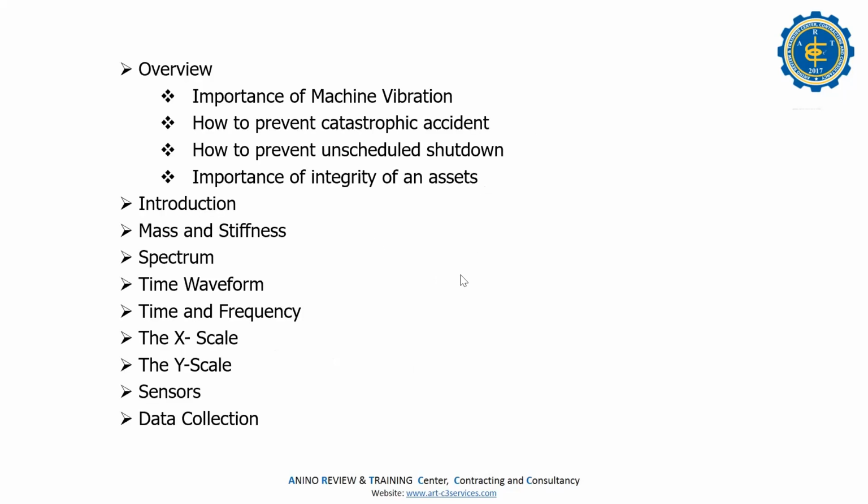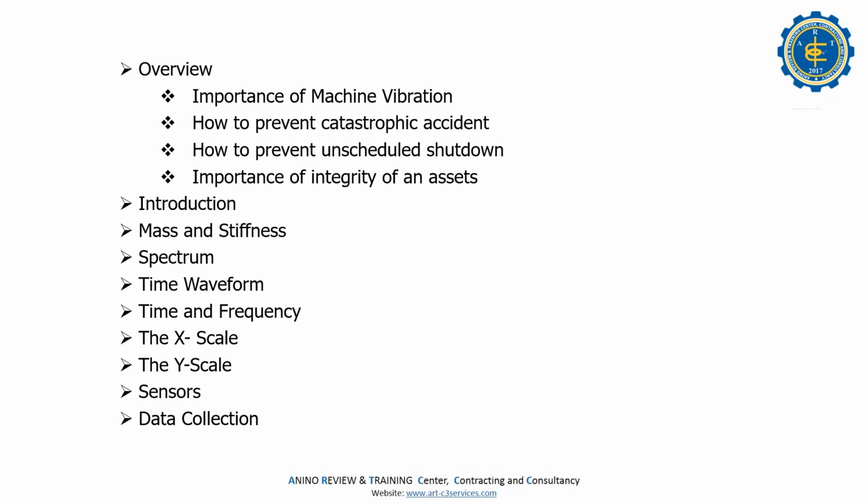So, the overview, our table of contents. We have the importance of machine vibration and how to prevent catastrophic accidents. In big companies, you have reliability or condition monitoring because you have to prevent catastrophic accidents.